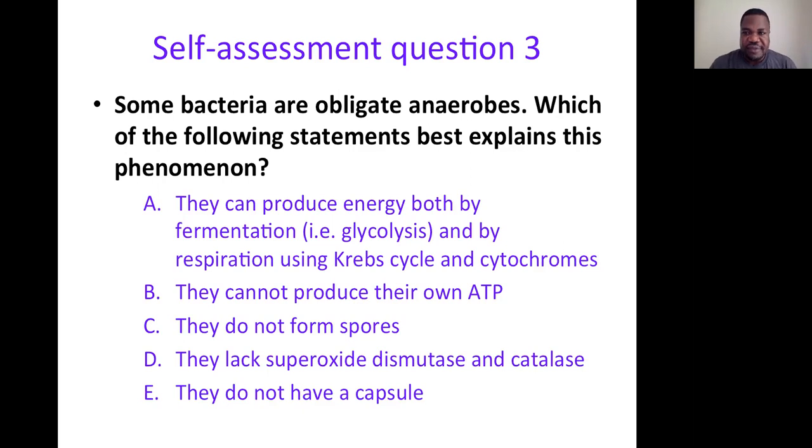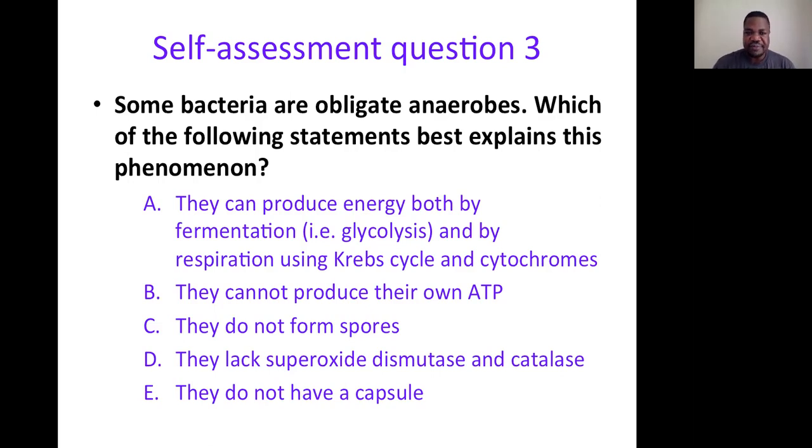So this is the question. Some bacteria are obligate anaerobes. Which of the following statements best explains this phenomenon? What makes them obligate anaerobes?